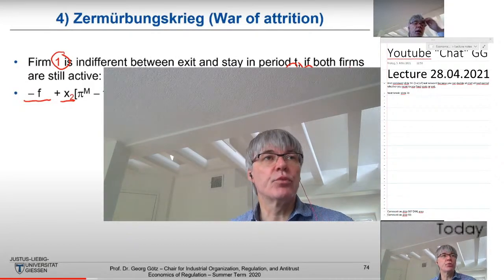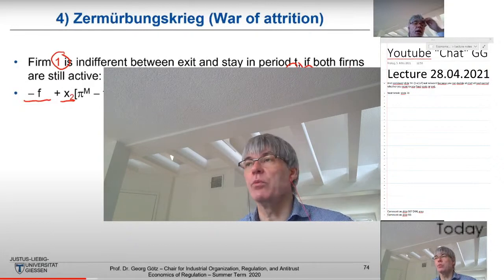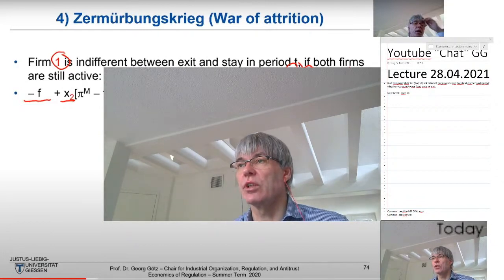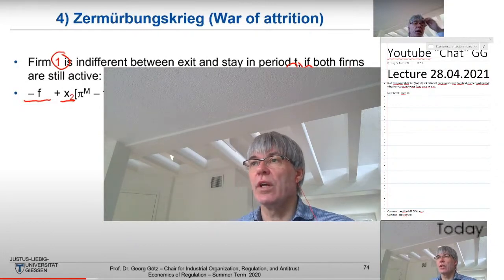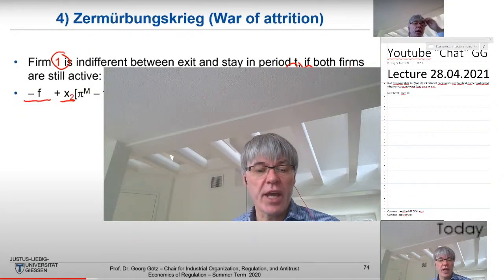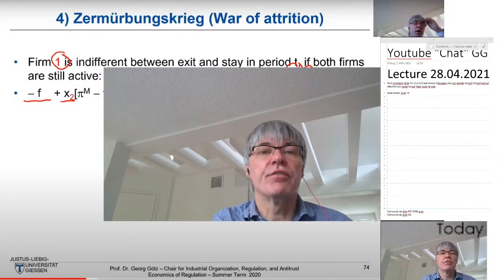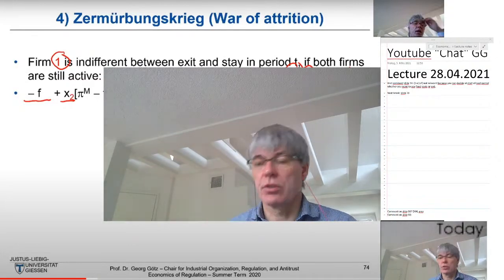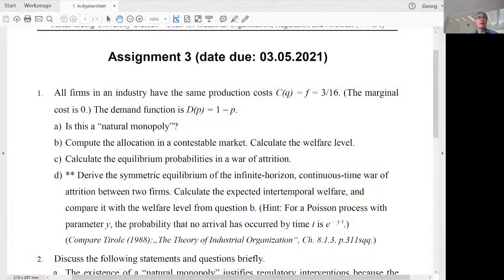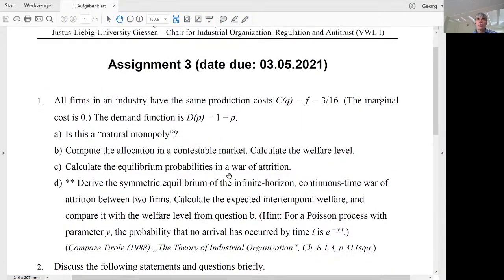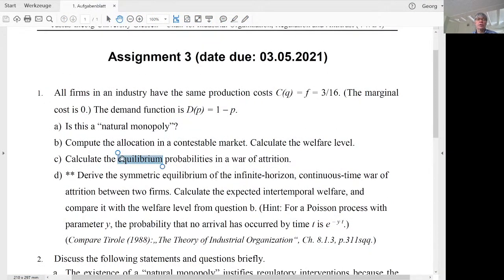I don't know whether this improves it, but we just move on, and we will have that in the tutorial class once again. There you will have the chance to calculate these probabilities, which is what you have in the assignment here, okay? You will see that it's rather straightforward to calculate these probabilities.